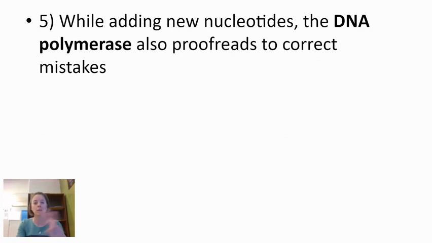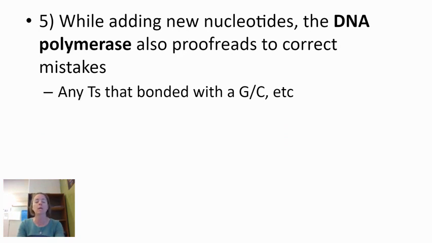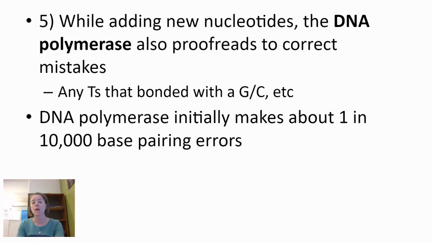So polymerase is adding the nucleotides, it's proofreading itself. If it finds any T's bonded to a C or a G, it takes care of those. First go around, it makes 1 in 10,000 mistakes. So not a lot, but also kind of a lot if you think about the fact that you really can't handle any errors and you have 3.2 billion base pairs and every 10,000 gets a mistake. That's going to add up. So we don't like that.